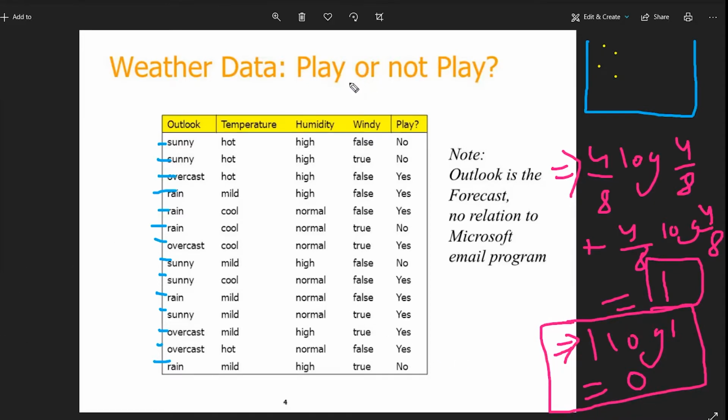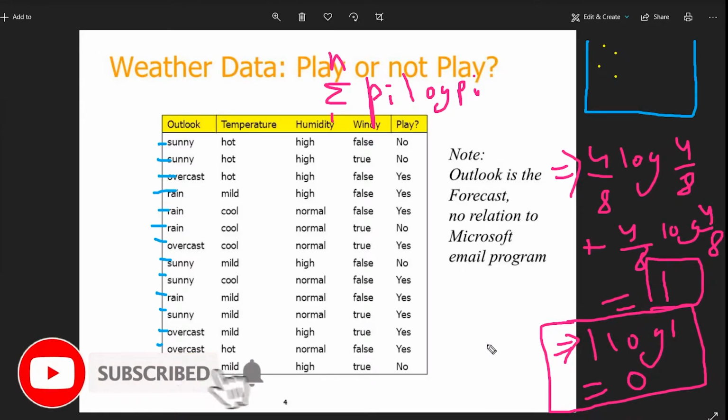Let me just write down the entropy formula again: Pi log Pi. The probability here is going to be 1, and as we have only one class, our n is also going to be 1, and if you compute the answer, it is going to be 0. Now you will see that this is our entropy, and as I said earlier, entropy is randomness.